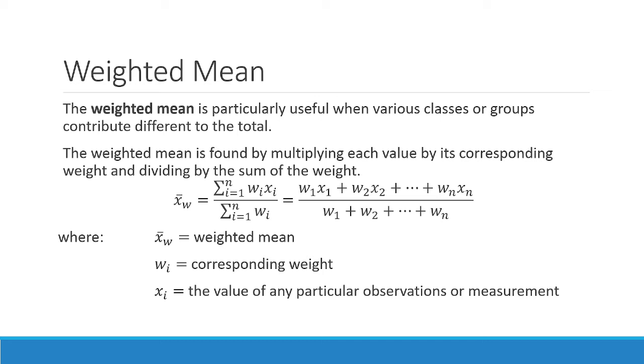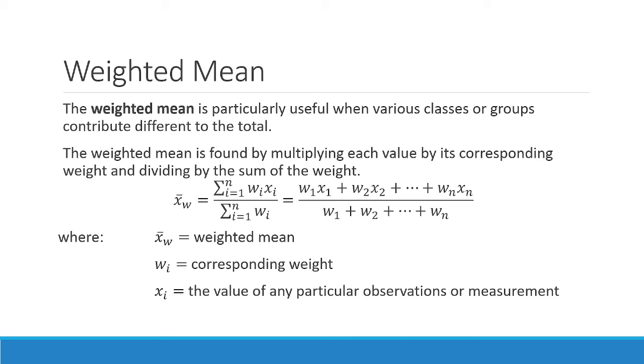So, pwede mong gawin, actually, is just to use weighted mean, wherein weighted mean is just found by multiplying each value, yung sahod, by its corresponding weight, and dividing by the sum of the weights. By weights, ito yung kung ilan yung ilan.